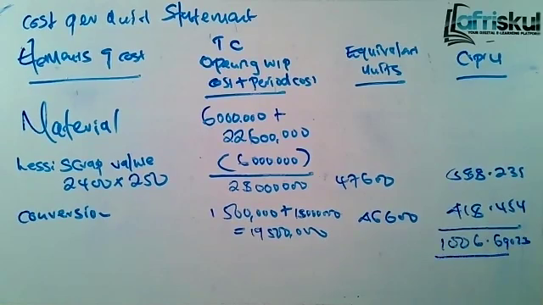So for material, you take the opening WIP cost plus the current period cost minus the scrap value for normal loss, and then you divide it by the equivalent units.